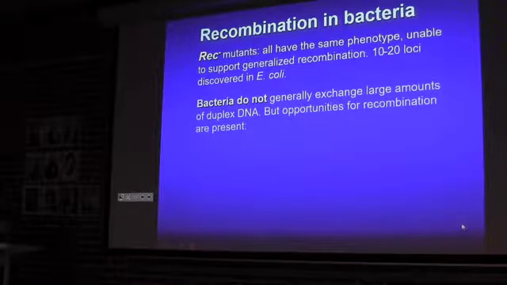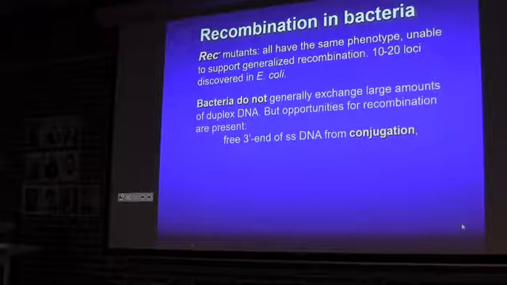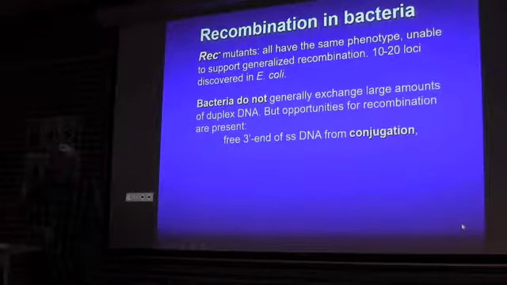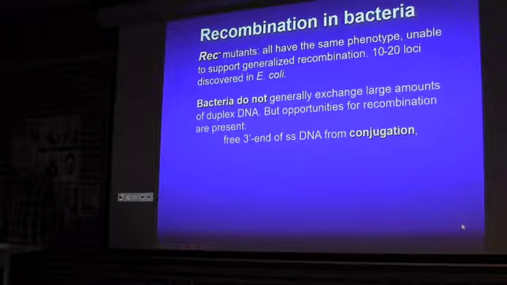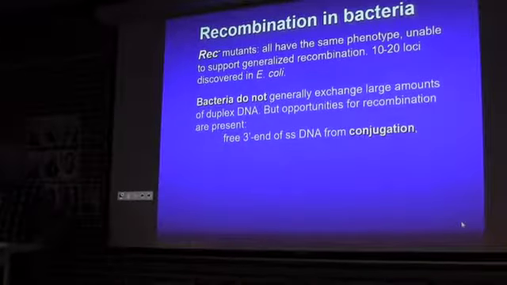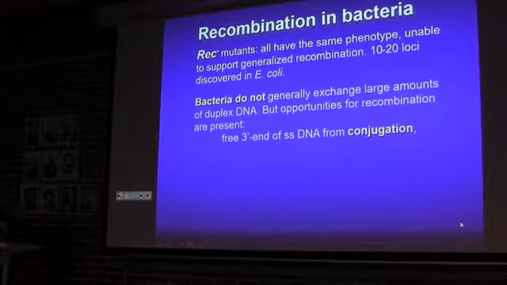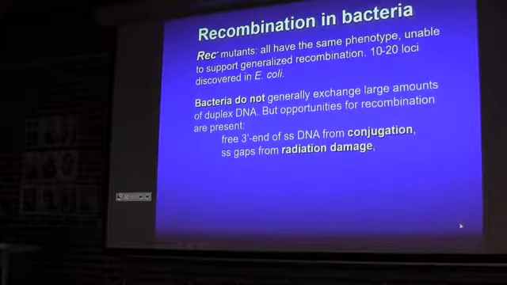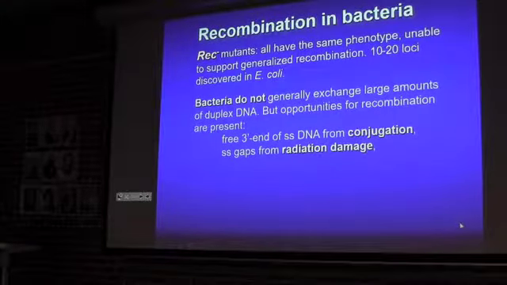Bacteria do not generally exchange large amounts of duplex DNA, but opportunities present themselves. Conjugation. Now, conjugation is an infection, right? When they're infected by a plasmid, they can't help it. They undergo recombination with that inserted DNA if any chromosome from the donor comes along. Radiation damage, repair. Recombination is involved in repair, the retrieval repair we've talked about a little bit.